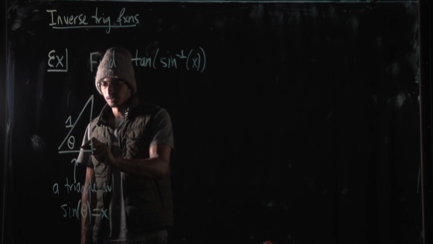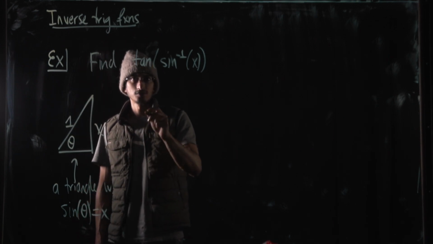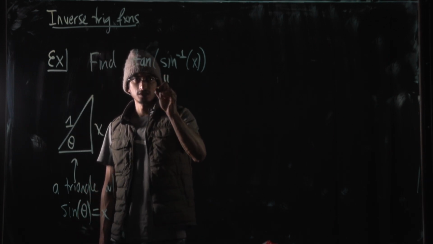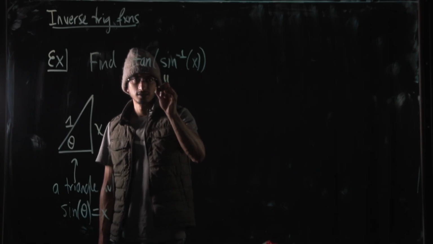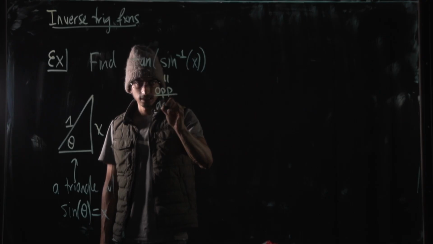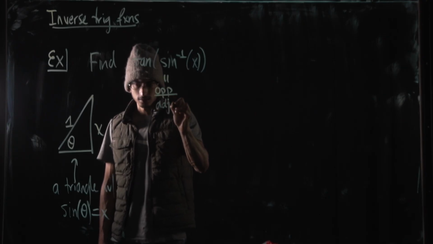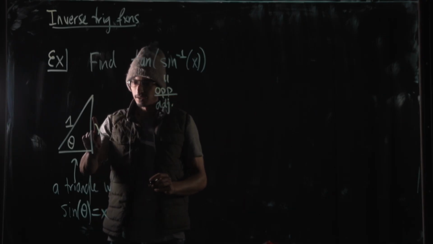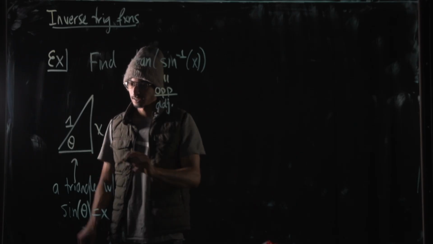Now the tangent in this triangle equals the opposite side over the adjacent side. We know the opposite side of the triangle. We want to know the adjacent side.